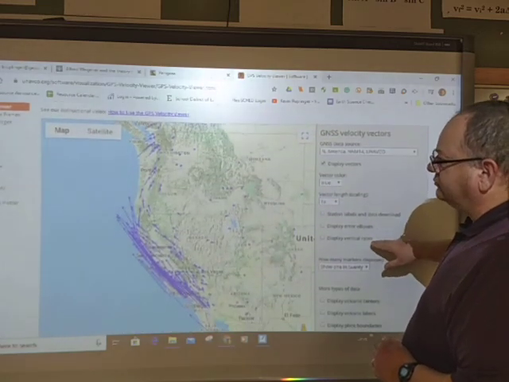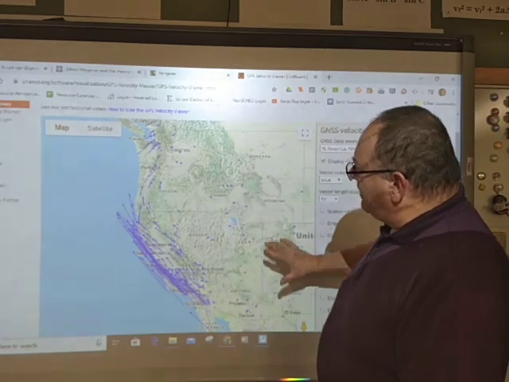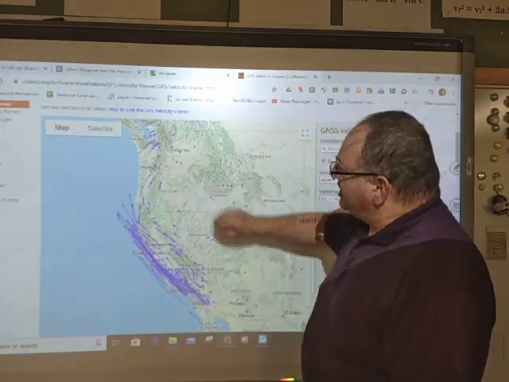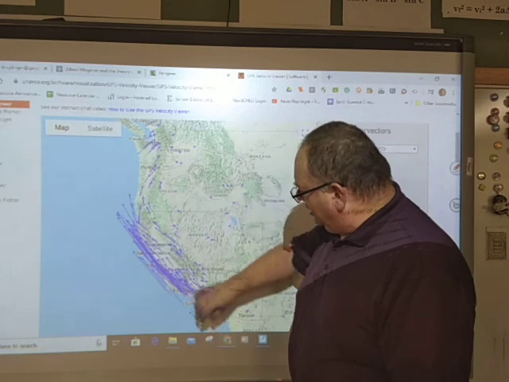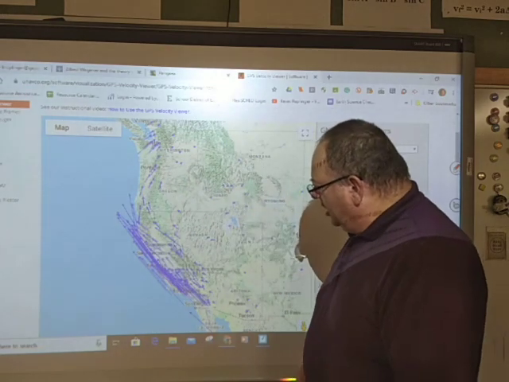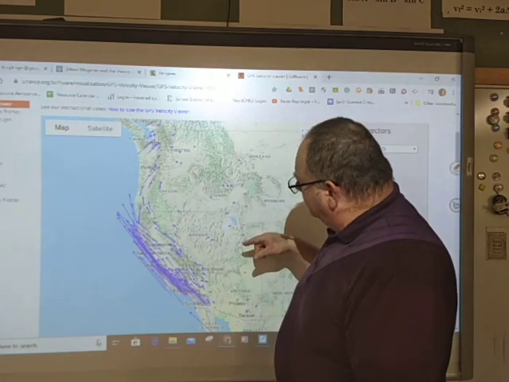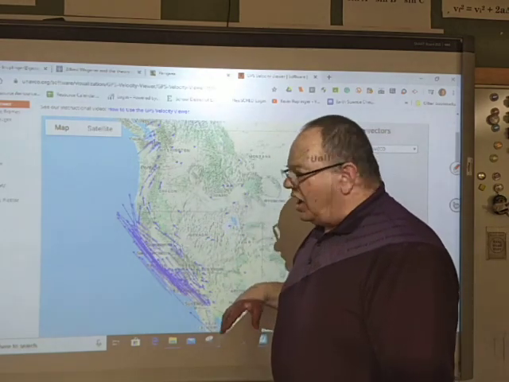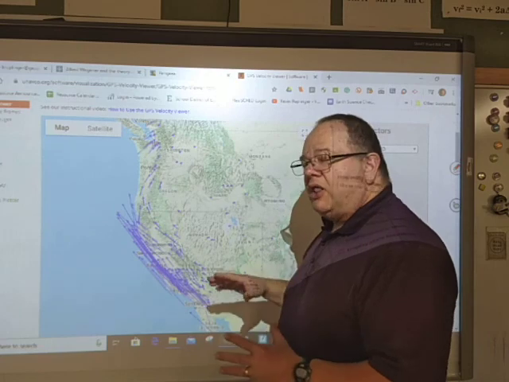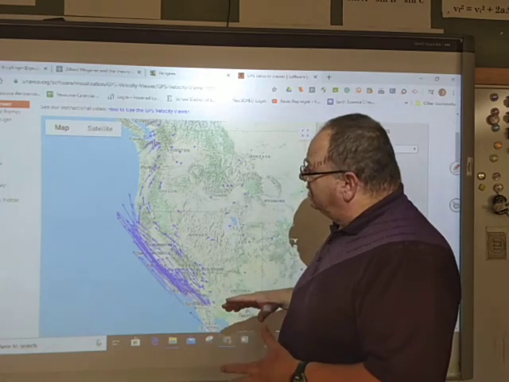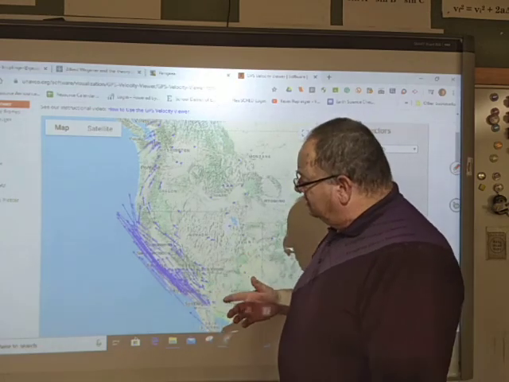So you see a map of the west coast of the United States. Here's Washington State, Oregon, California, Nevada. And there's all these arrows on here. And these arrows are showing relative movement based on GPS data.